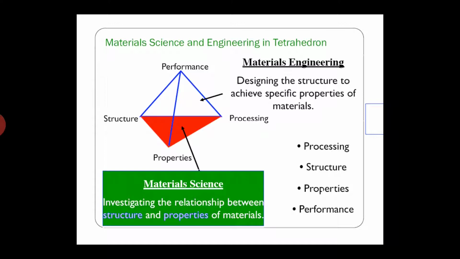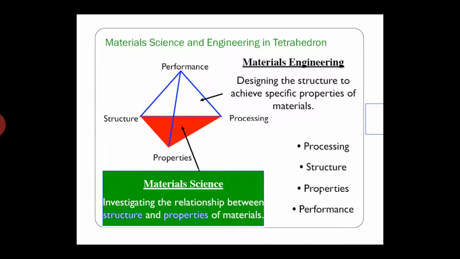We will have to study what process we are going to follow for the manufacturing, what type of structure we are manufacturing, and from the functional point of view, the properties of the material we are going to use, and the performance of that structure and material.